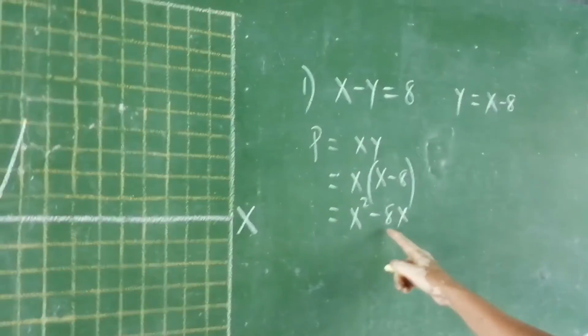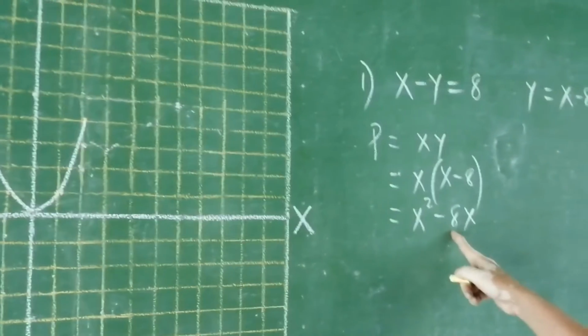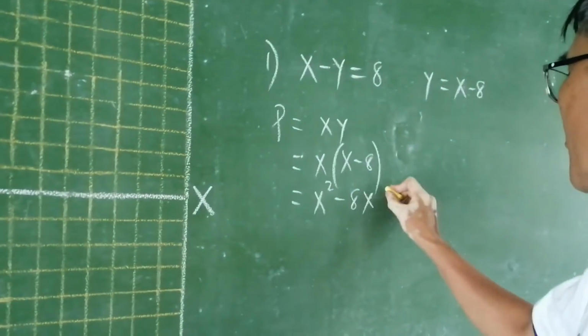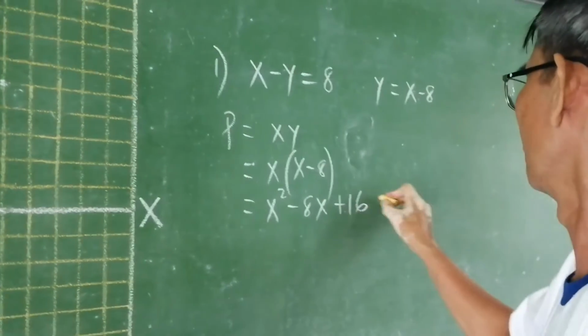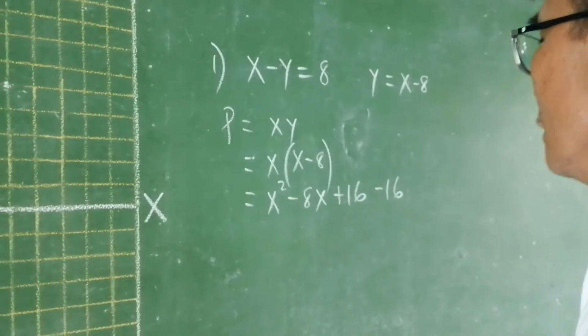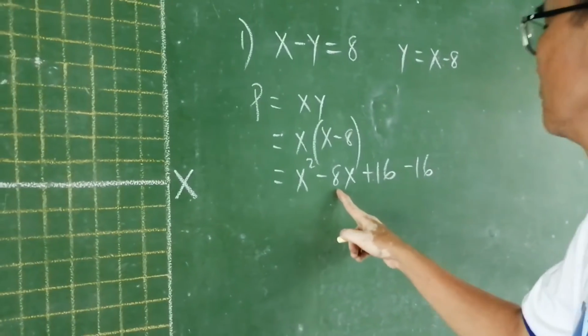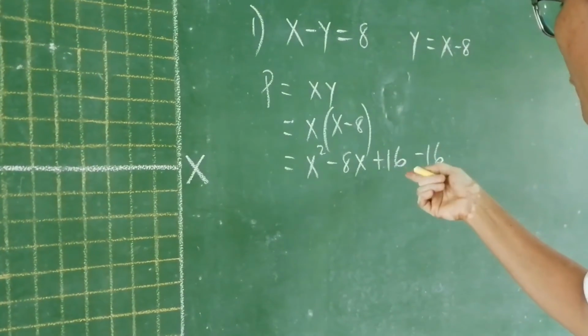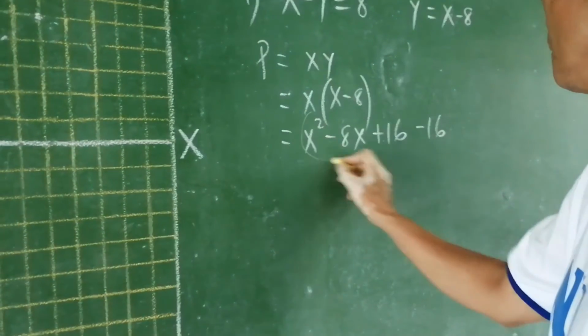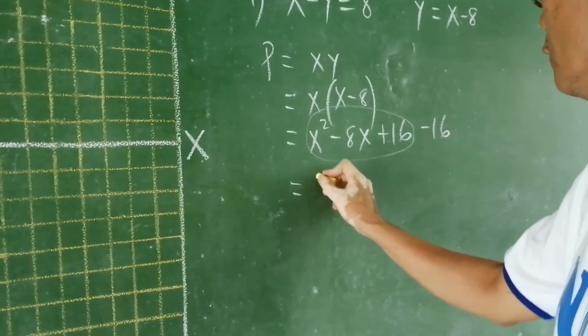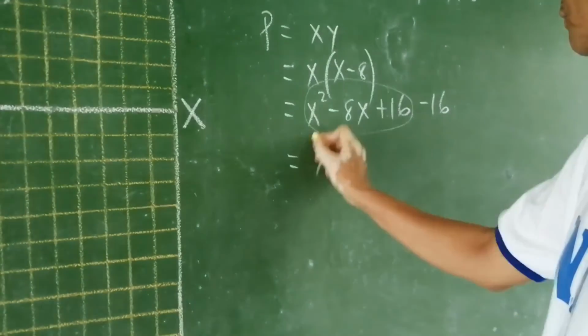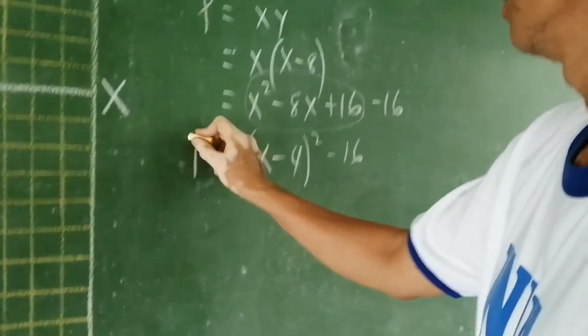So no problem here, we complete the square. That will be plus 16 minus 16, because 8 divided by 2 is 4, and 4 squared is 16. So this is a perfect square. Write that in factored form: x minus 4 quantity squared minus 16.